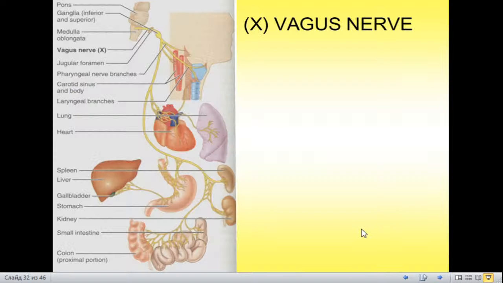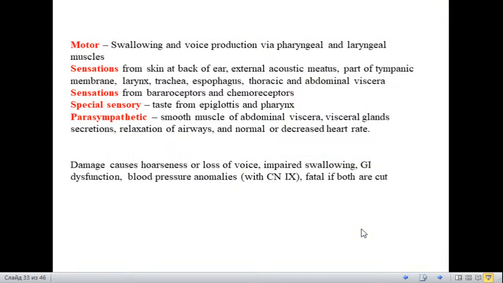Vagus nerve. It is favorite student's nerve because it supplies most of inner organs in our body. It has three components: motor, sensory, and parasympathetic. Motor components supply to muscles of pharynx and larynx, so they respond for swallowing and voice production.